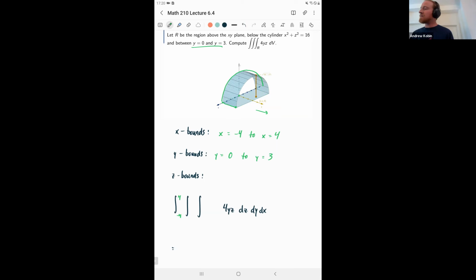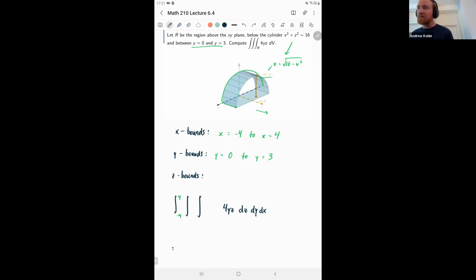Finally, the z bounds. The z bounds are a little annoying, but you can see it's sort of small here in gold. This z coordinate here is just solving for z in this xz equation, and it's 16 minus x squared, and take the square root. And notice that I don't have plus or minus this because we're looking at the region above the xy plane, not below.